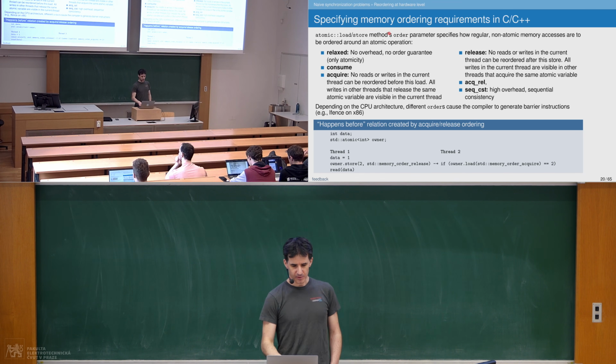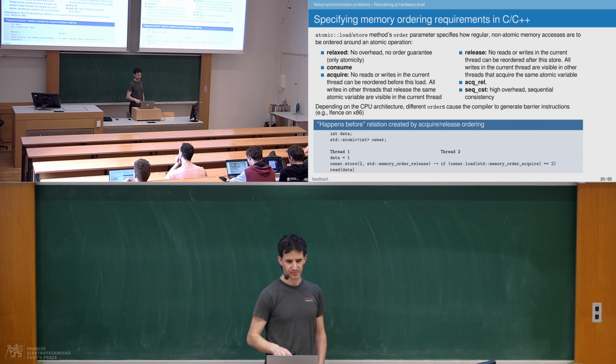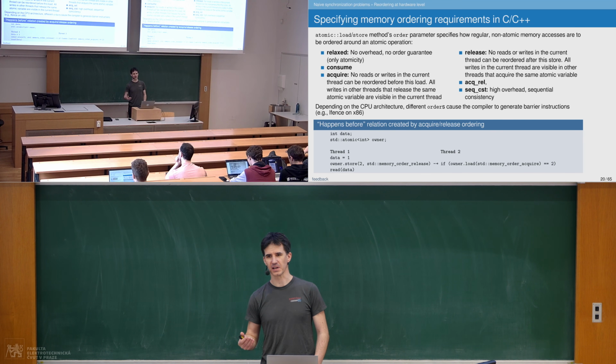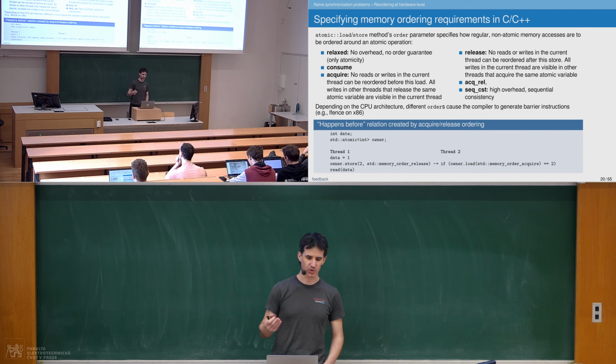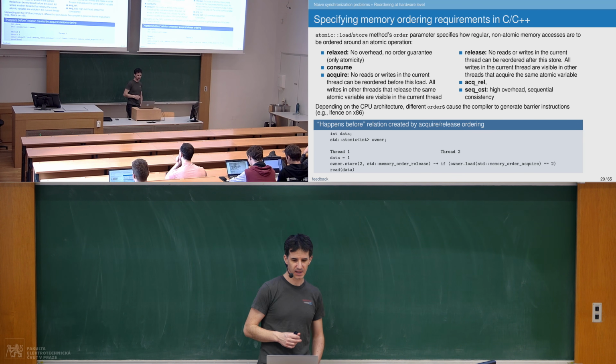If you look at the documentation for what the value of ordering can be, you can see that one value is relaxed. It means there is no ordering requirement. If you execute an atomic instruction with relaxed ordering, this will be just an atomic instruction and no ordering.